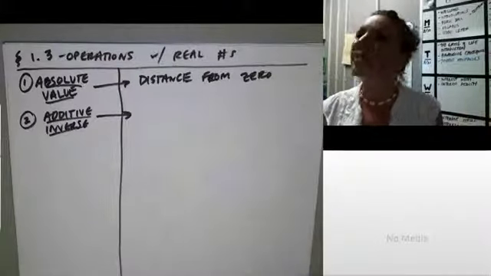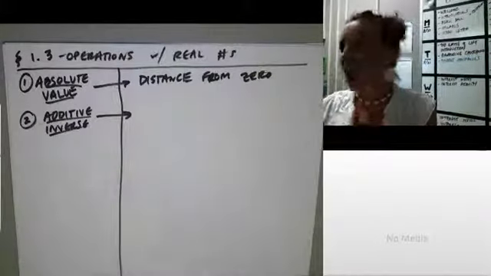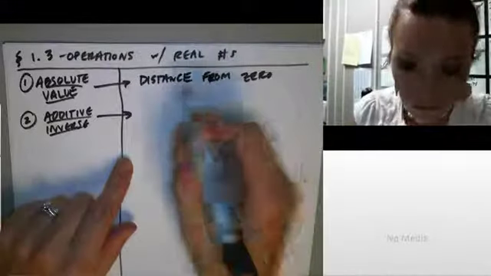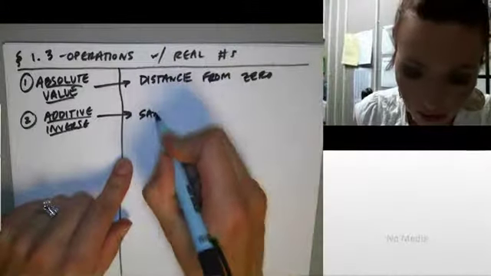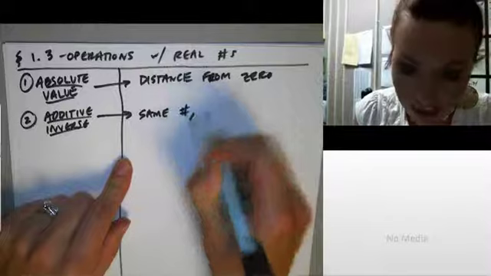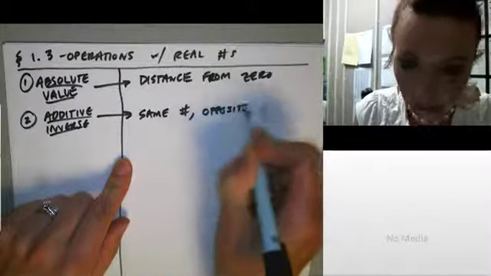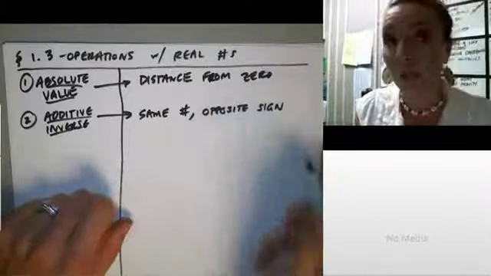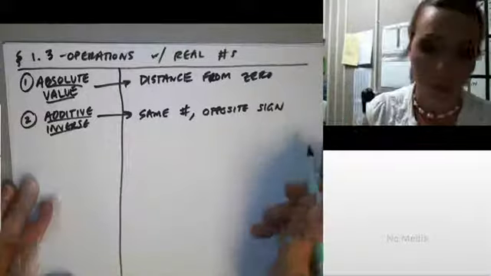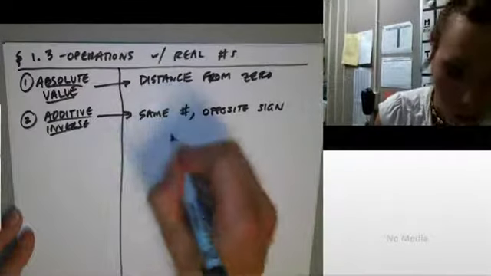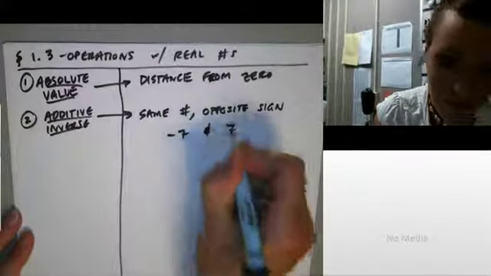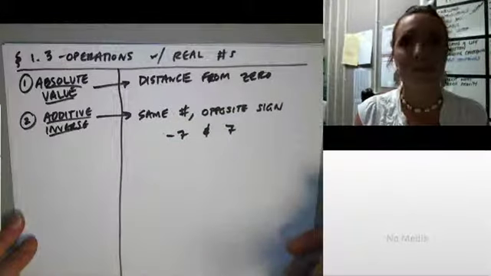Zeroes it out. So it's like the same number, opposite sign. Okay? Same number, opposite sign. So this is going to be a really short, easy lesson, at least I hope. An example would be like negative 7 and positive 7. Those are additive inverses of one another.